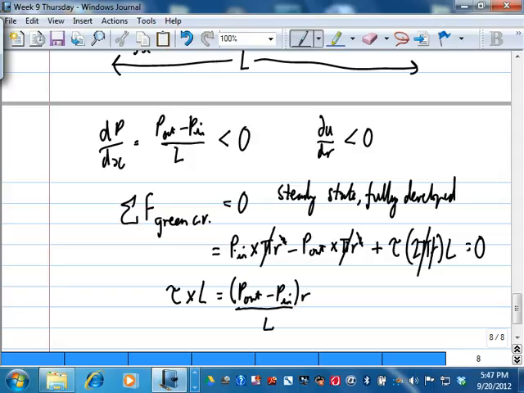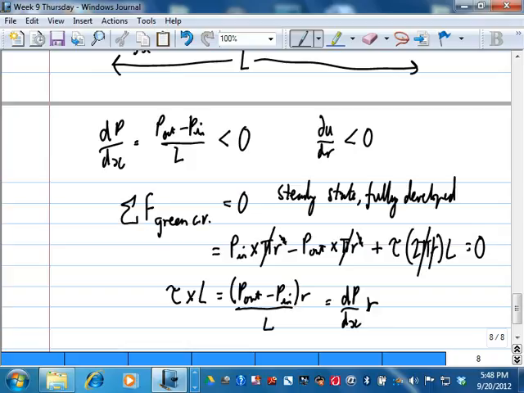So this is actually dP dx, which is dP over dx multiplied by R. Do you all still follow? I didn't pull any tricks here. Okay, now the trick will come.